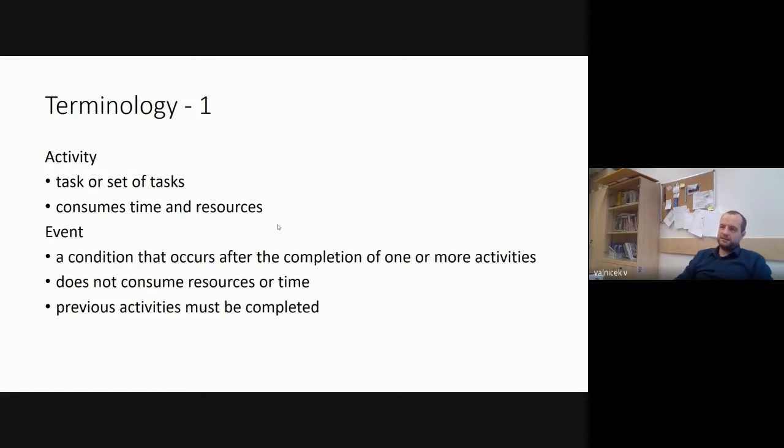Terminology. Activity. Activity is a task or set of tasks being carried out by one specific person or one specific company in terms of outsourcing. Activity consumes time and resources, and we are able to say exactly how much time and how many resources are being consumed within one activity.